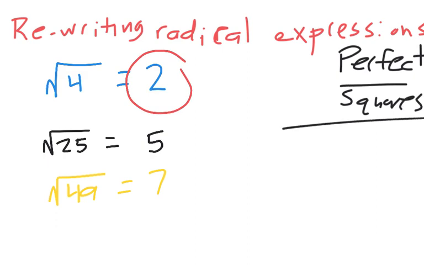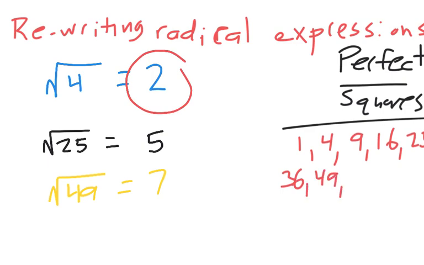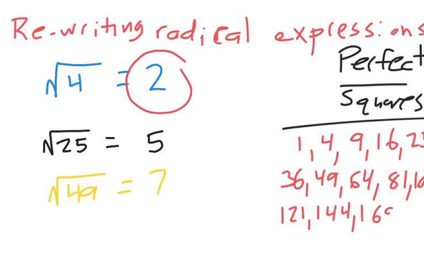So 1 times 1 is 1. 2 times 2 is 4. 3 times 3, 9. 4 times 4, 16. 5 times 5, 6 times 6. 7 times 7. 8 times 8. 9 times 9. 10 times 10. 11 times 11. 12 times 12. 13 times 13. 14 times 14. 15 times 15. 16 times 16.